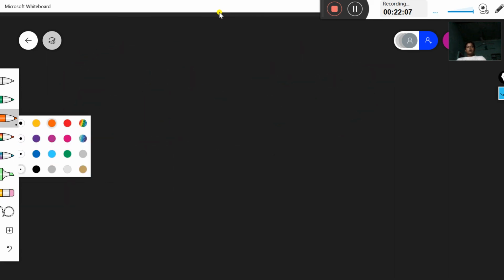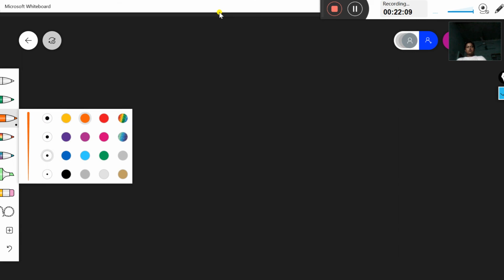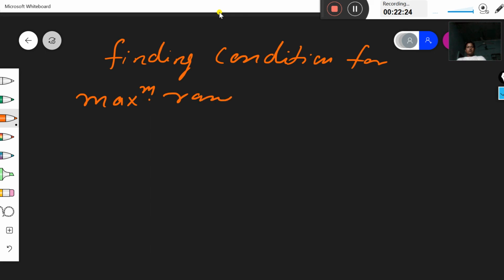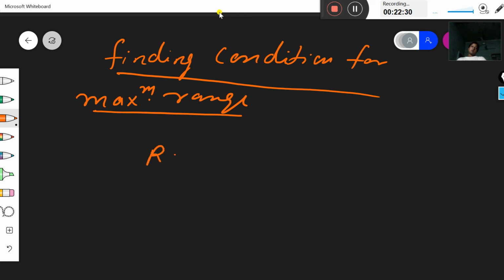Finding the condition for maximum range. R equals u square sin 2 theta over g.